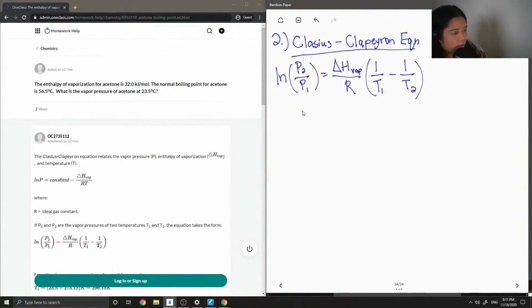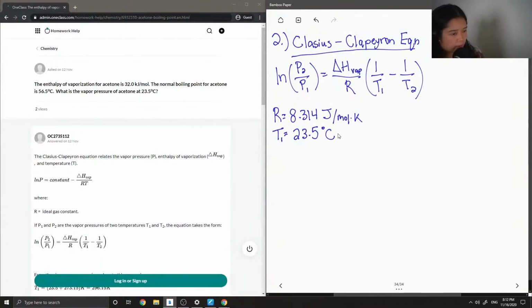Okay, so let's look at all the values that they gave us. So R is the gas constant, and it is 8.314 joules over mole times K. So T1 in this question would be the 23.5 degrees Celsius.